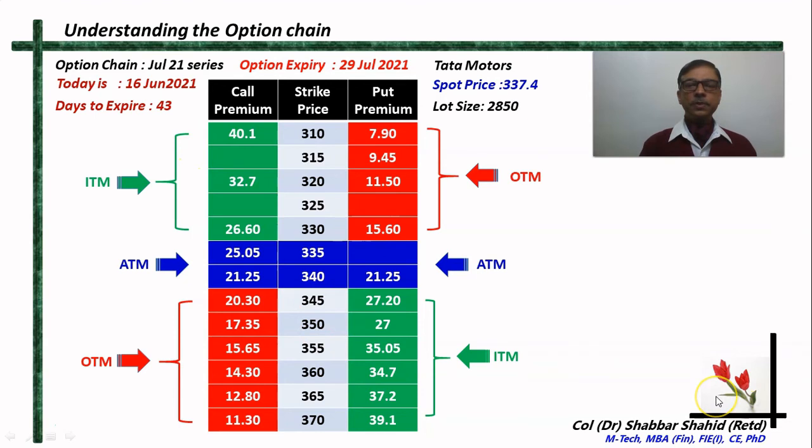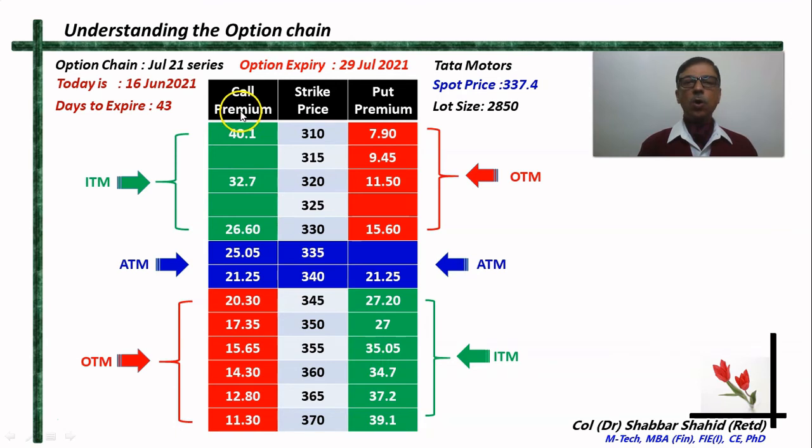All right. Now please note that as the strike price, or the deal price, is increasing from 310 to 370, we find that the call premiums are reducing and the put premiums are increasing. Why so? If you just recollect the previous lessons, you will find the answer.